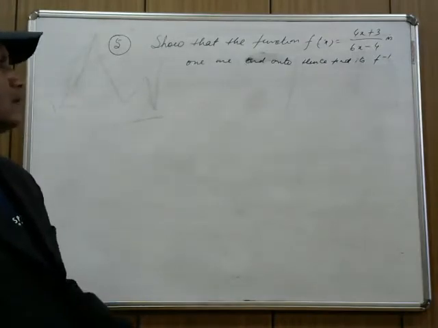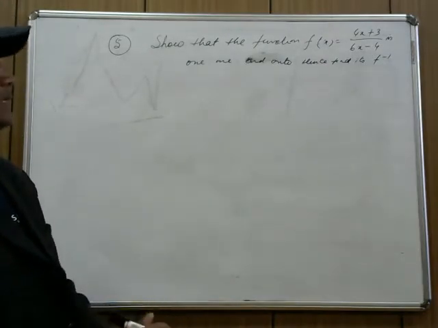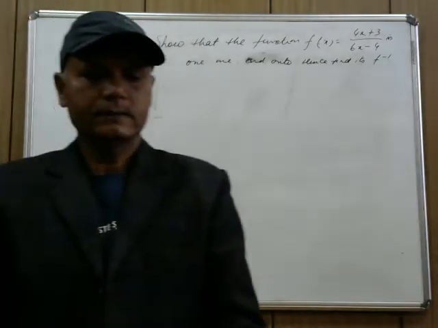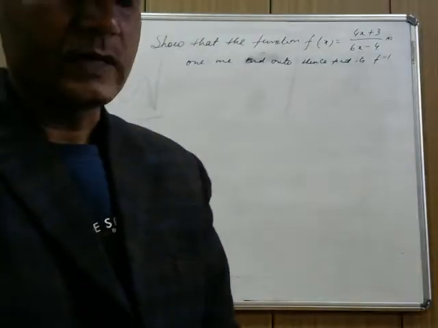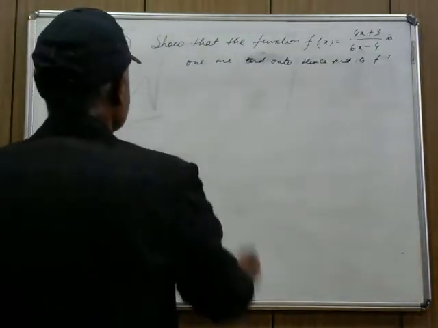So the given function f defined as f of x is equal to 4x plus 3 upon 6x minus 4 is one-one and onto, and hence find its inverse, right?